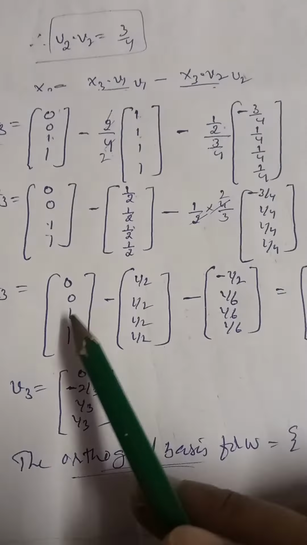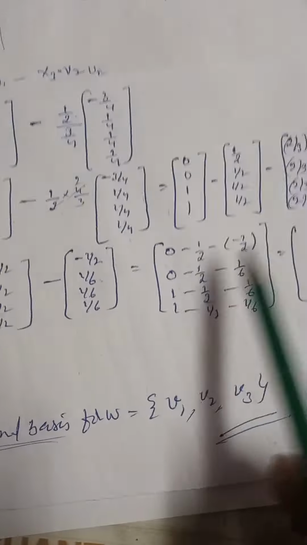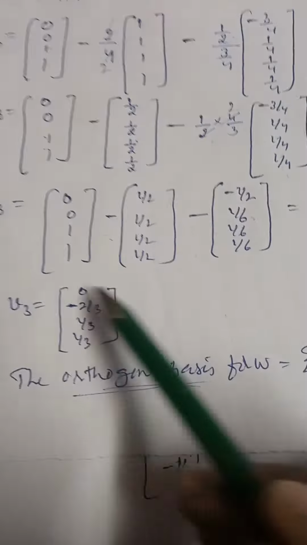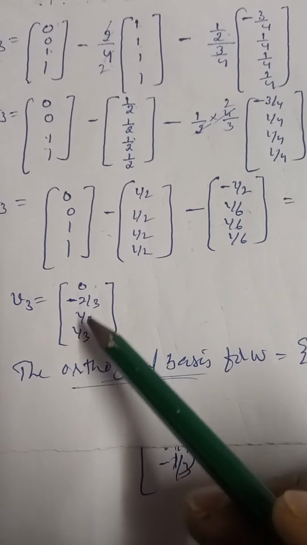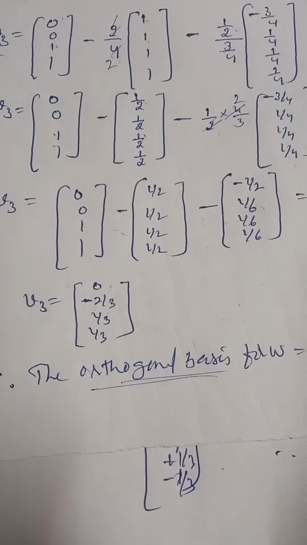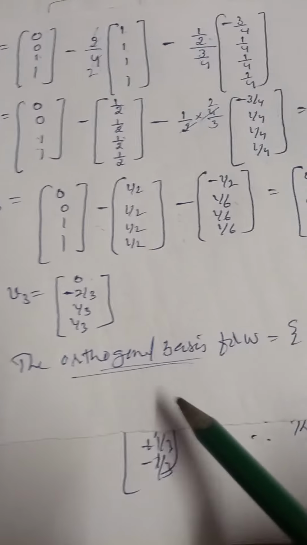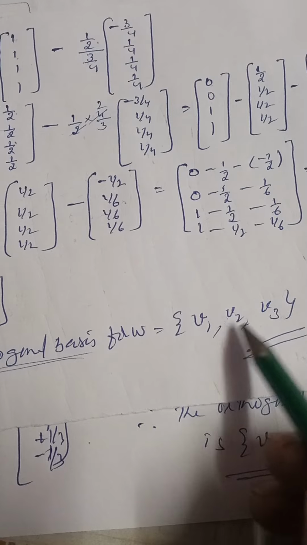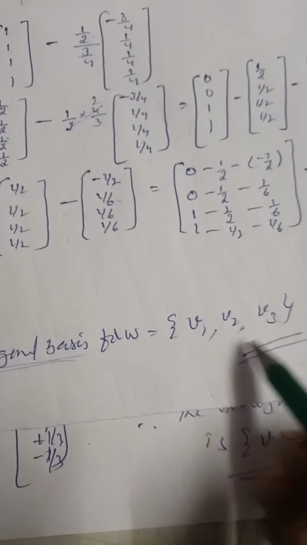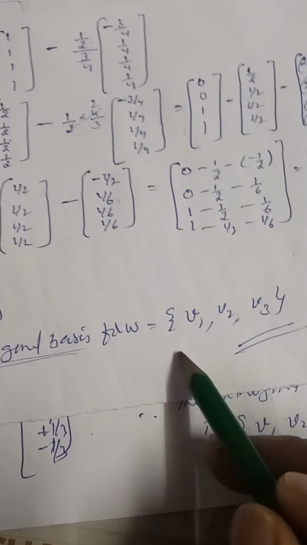On simplification, I am getting this result. Again on simplification, V3 is equal to 0, minus 2 by 3, 1 by 3, 1 by 3. I know V1, V2 and V3. The orthogonal basis for W is V1, V2, V3. Therefore, this is an orthogonal basis.